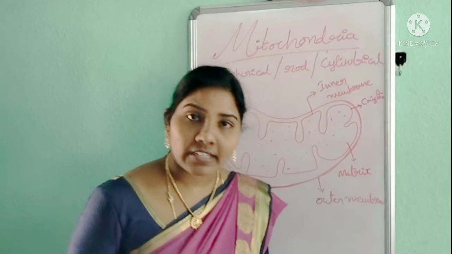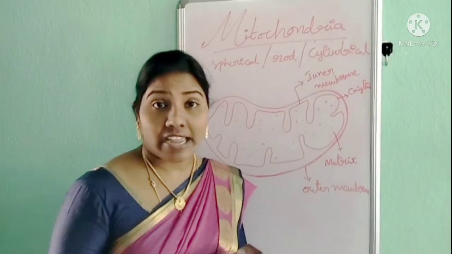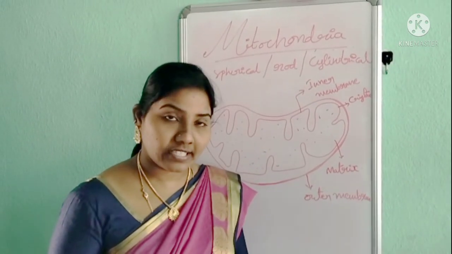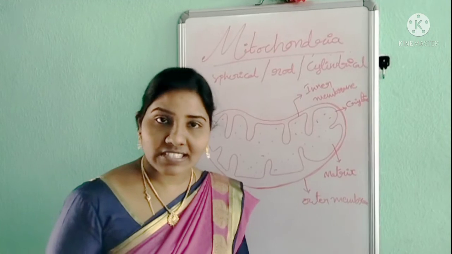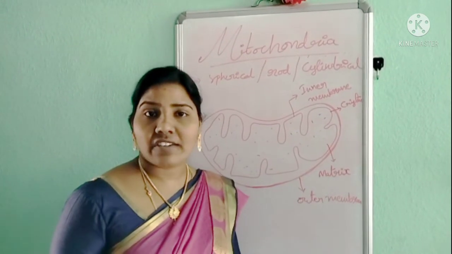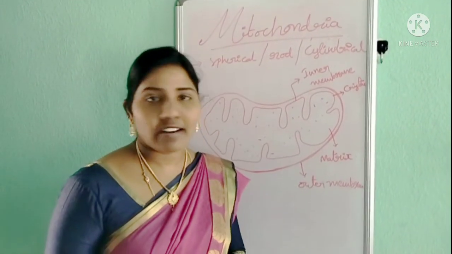Already we know that mitochondria are the powerhouse of the cell. Why? Because energy, or ATP, is given to all cell activities. That whole process occurs in the matrix. The matrix has enzymes and is responsible for cellular respiration.